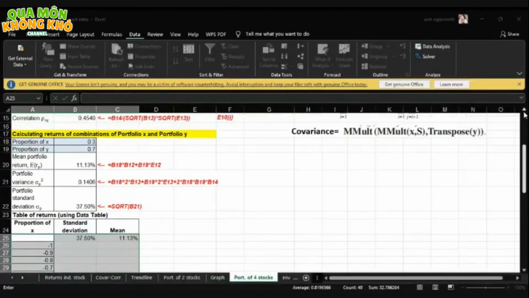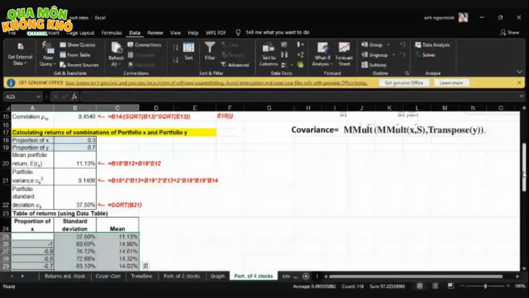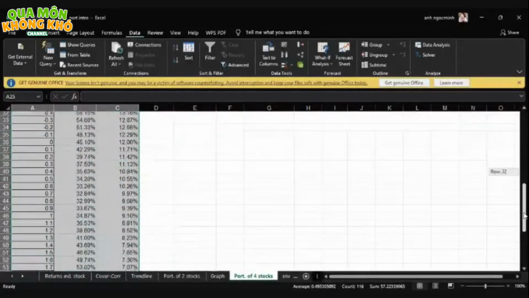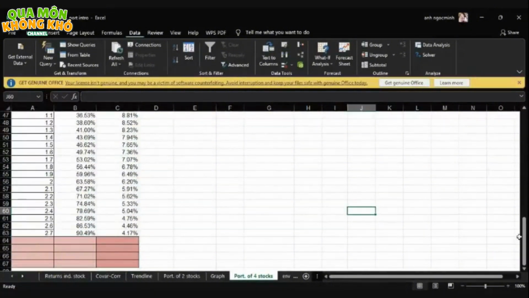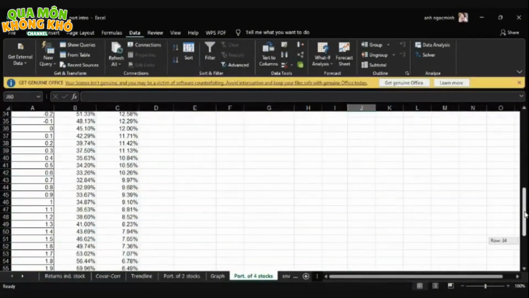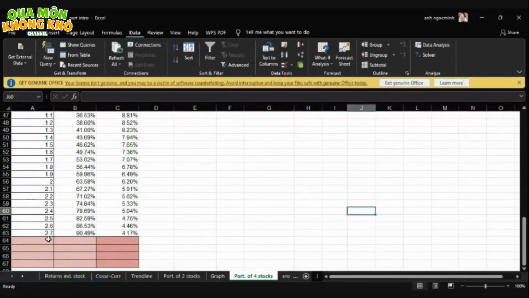We just take the proportion X. Okay, so here are the various scenarios, for example, of stocks A, B, C, D.